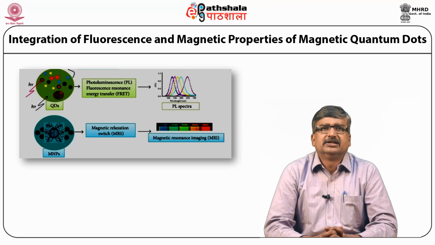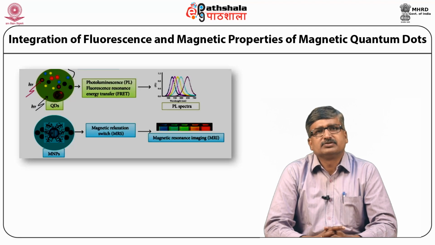And finally, in the fourth approach, it is possible to introduce chelating molecules with paramagnetic ions into the coordination cell of the quantum dot. All these different approaches have resulted in recent breakthroughs and demonstrations of the capability of bioimaging using both functionalities.